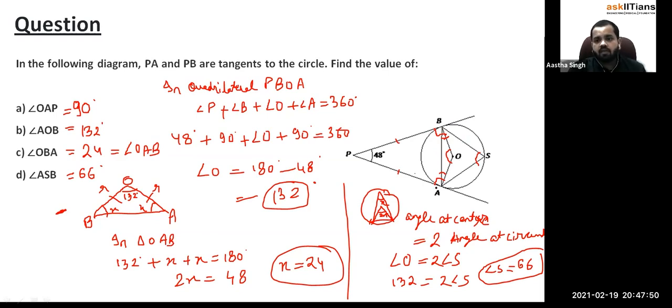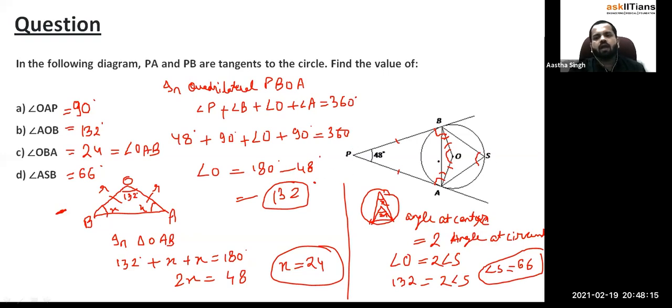Next was AOB, which we found by making a separate diagram. Sorry, first they asked about angle O. You know, in a quadrilateral, the angles P plus A plus O plus B sum to 360.